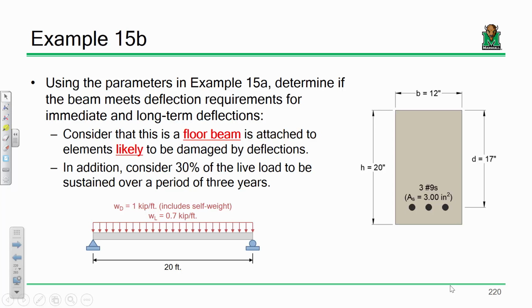For our next example, we're going to take that same beam and let's assume that 30% of the load is sustained for a period of 3 years. Based on that amount of sustained load and that period of time, we're going to compute the deflections. Now we're going to take it one step further and compare those deflections against what's allowable.